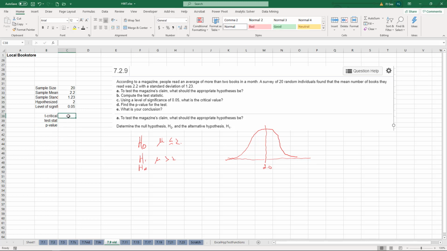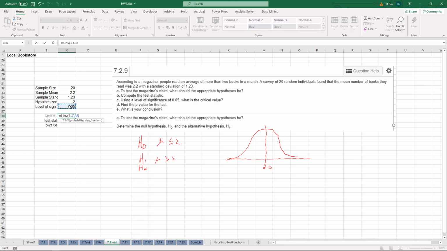So what is a T critical? Similar to what we just did with Z critical, here we need to use the formula, the T distribution dot inverse of a certain probability. But if you read the book, you'll understand that we need to take 1 minus alpha.